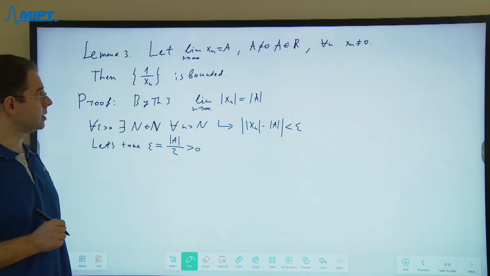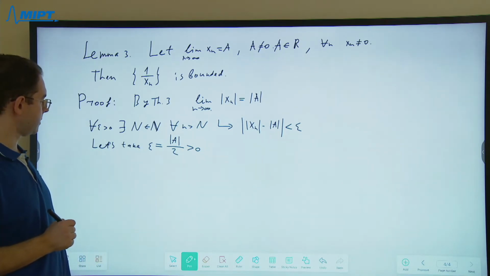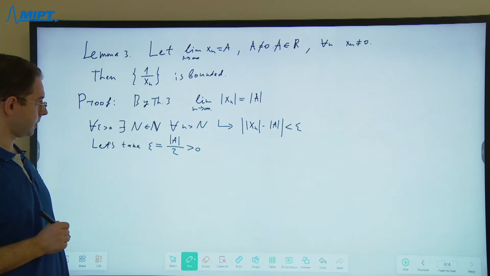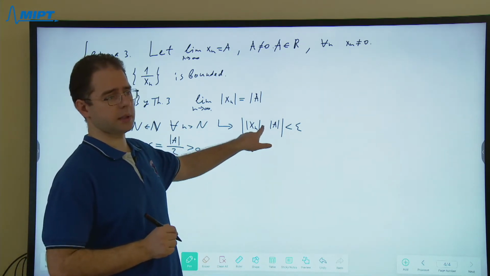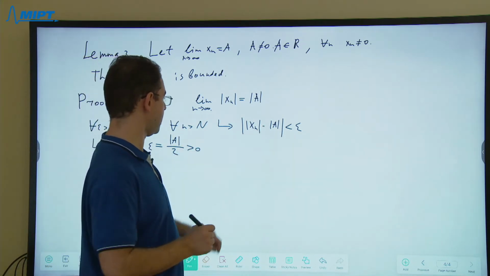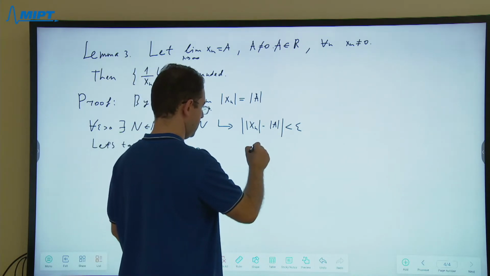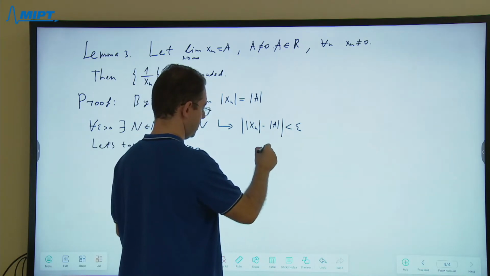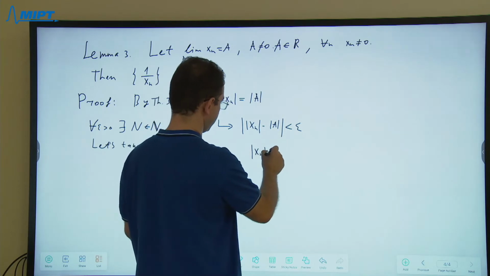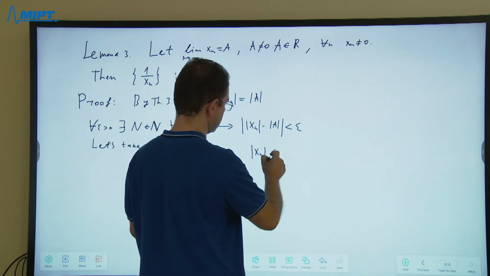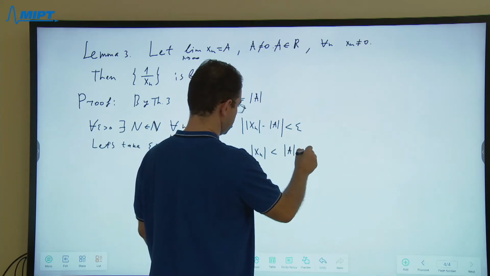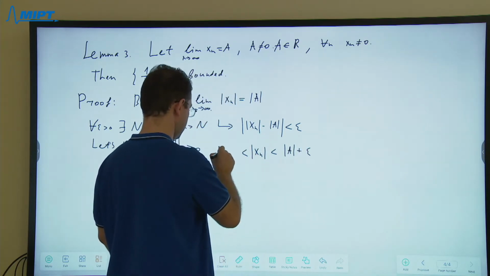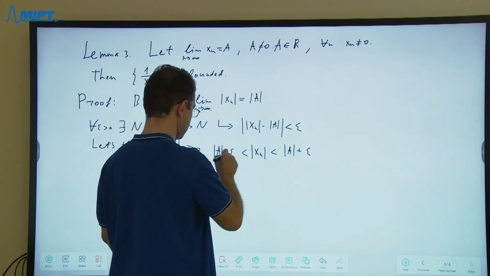Since a is not 0, this is a positive number. This statement says that the absolute value of xn is less than the absolute value of a plus epsilon and greater than the absolute value of a minus epsilon.